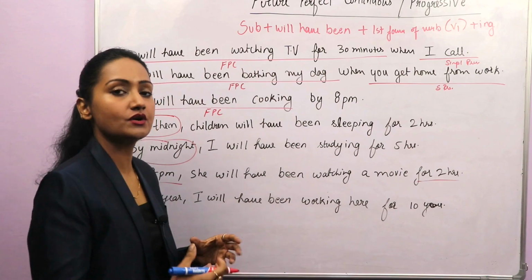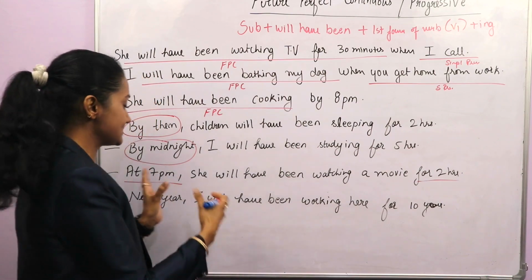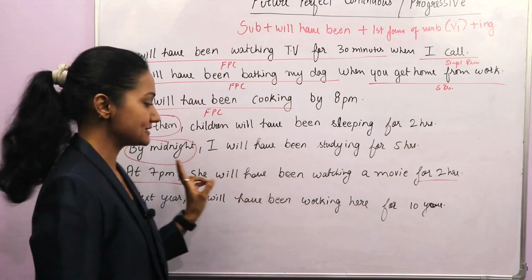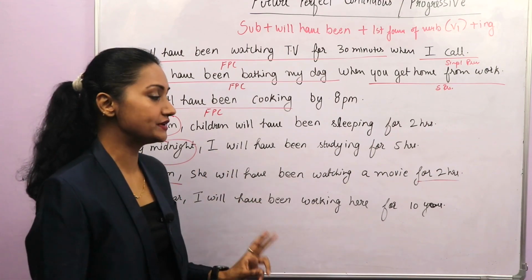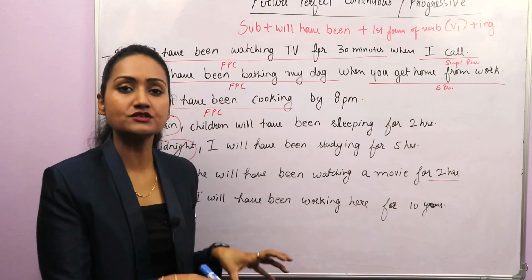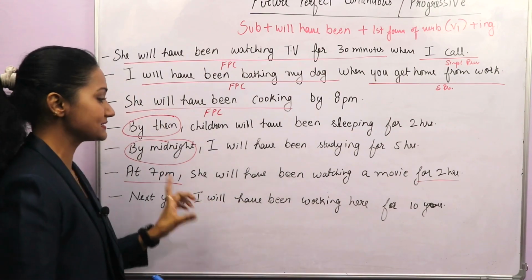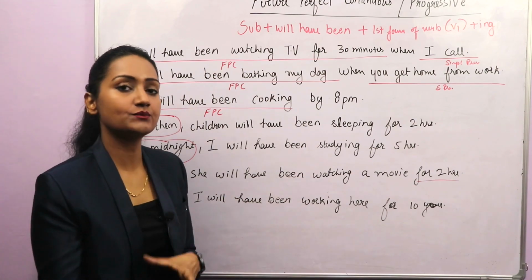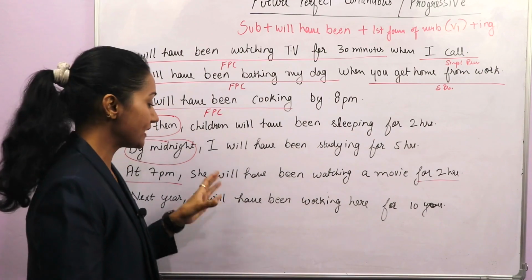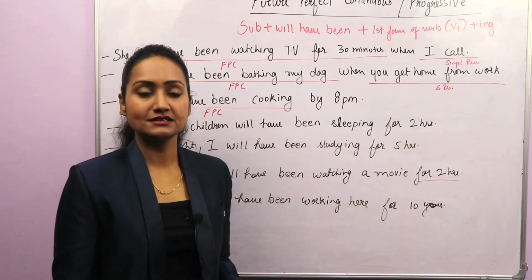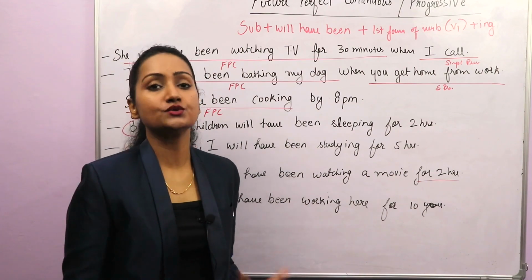They are not talking about that particular time at 7 p.m. If we frame it in future continuous, at 7 p.m. she will be watching a movie, so we are talking about that particular moment only, exactly what action will be going on at that point of time. But when we say we will have been watching a movie, that means that there is a duration.